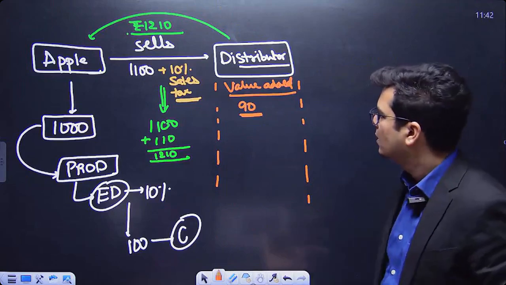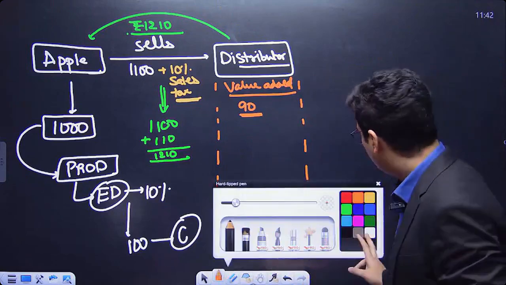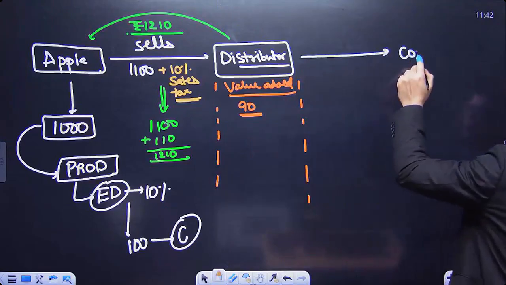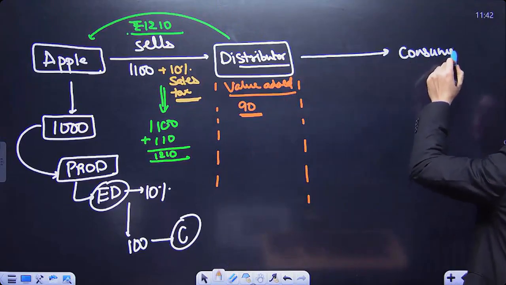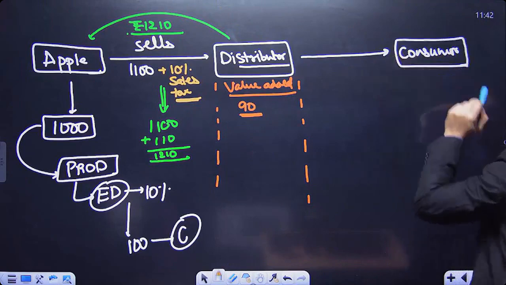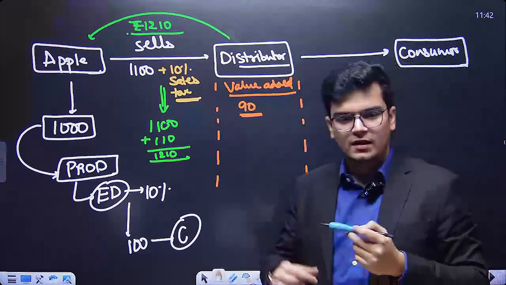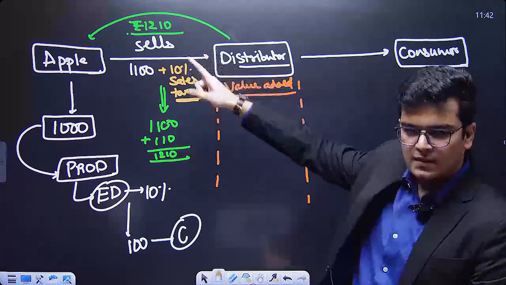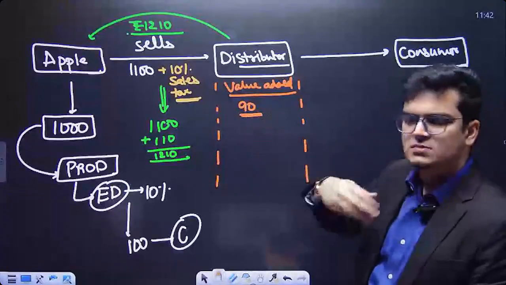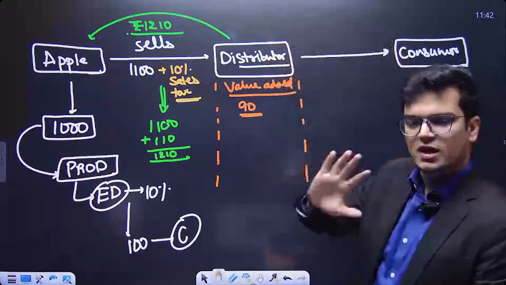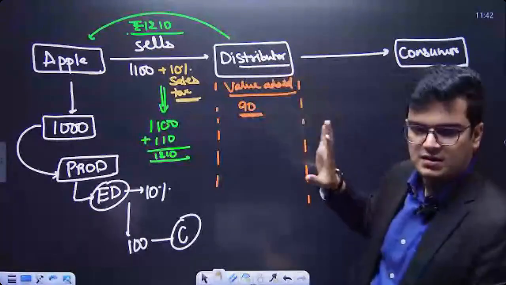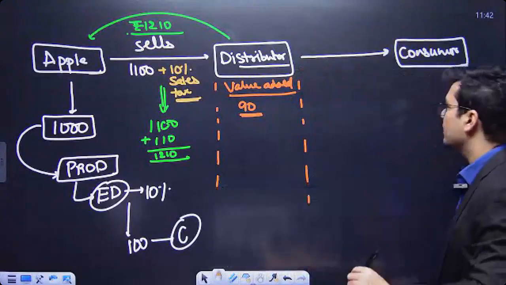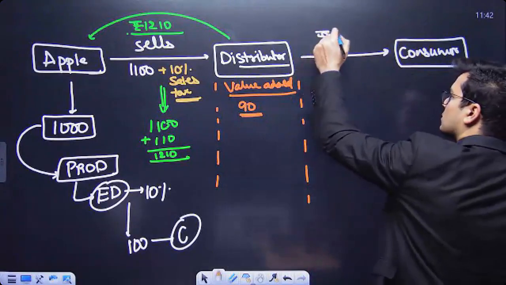Now, for what value will he sell this? You are now the consumer. You are buying from the distributor. At what value will he now sell this? He has paid 1210 earlier. He has added value of himself, his profit, his cost of distribution, everything. He has added value of rupees 90. At what value will he sell now? He will sell at a value of rupees 1300.